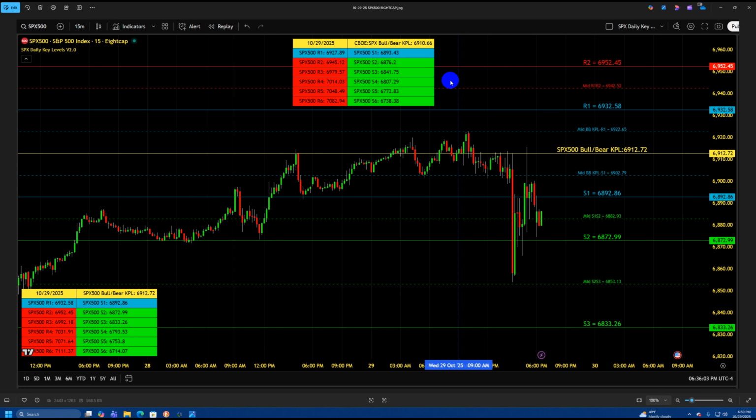So when you have it on the SPX CBOE chart, you will get the levels at the first tick at the 9:30 a.m. New York time open.